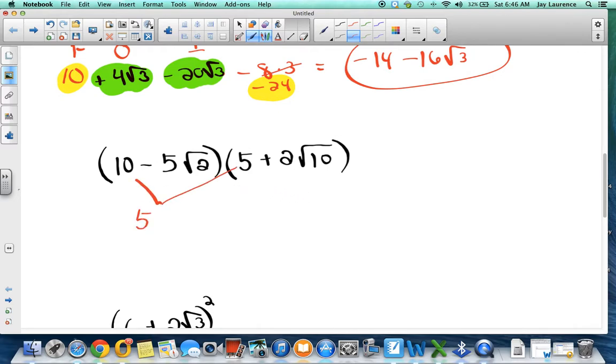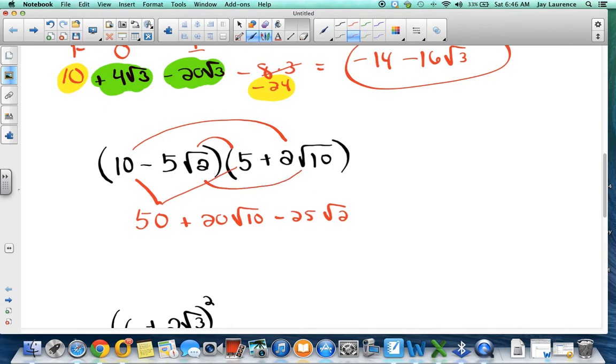Well, that's 50. Okay. And the outers is going to be 20 rad 10. The inners are going to be negative 25 rad 2.